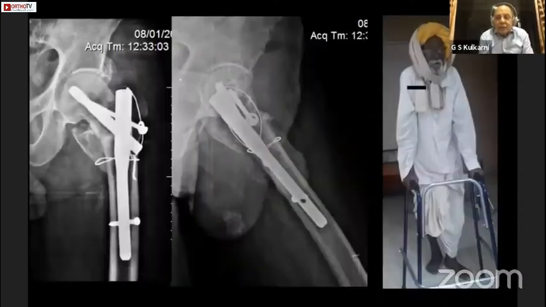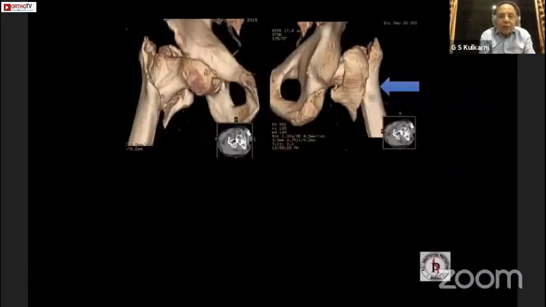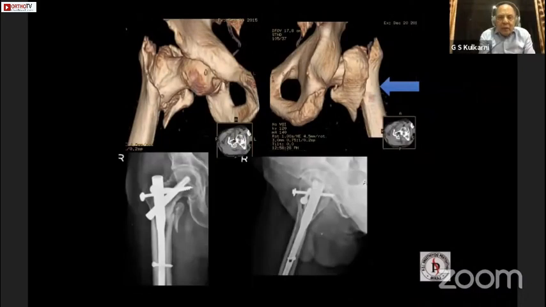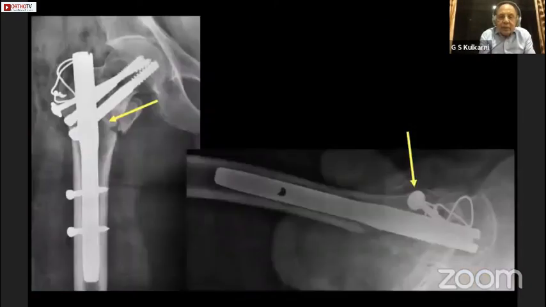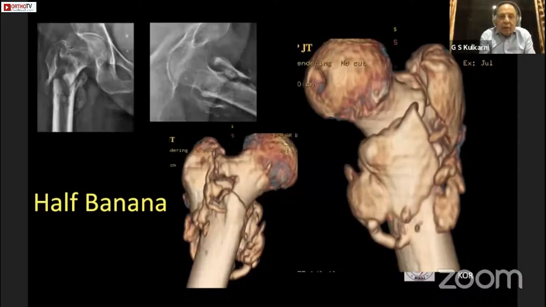You can see that these patients can walk within 2 days because the fixation is good. These banana types are not uncommon at all. I see many cases. You can see this is again a fracture that is united, and this is a very interesting what is called a half banana.